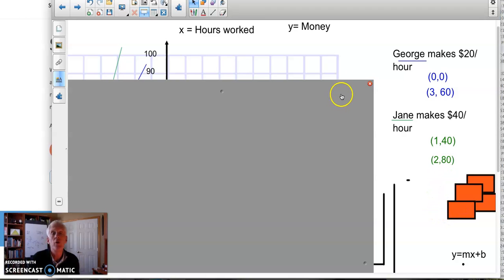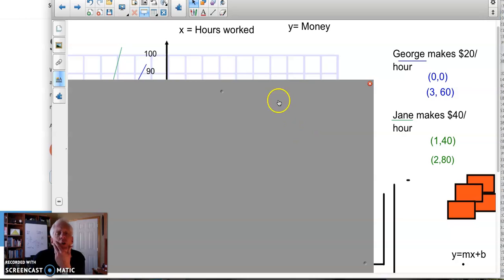So again, the same letters work for both people. George is $20 per hour. If he worked for 3 hours, he'd get 60 bucks. If he worked for 5 hours, he'd have $100. Jane, of course, $40 every hour. 2 hours is 80. 3 hours is 120, etc.